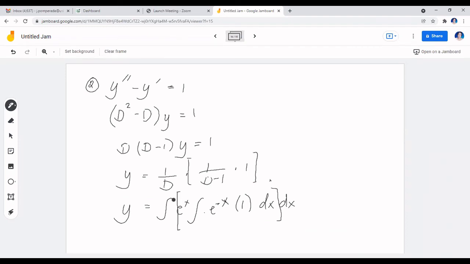Now, you see the reason why I wrote the 1 over d last? Because if you write it here last in this particular line, you will do integration by parts. Do it at home and you will see. So kung ginuna ko ang 1 over d minus 1 times 1 over d here, hapos ang first ko nga integration because that would simply be the integral of 1, which is x.